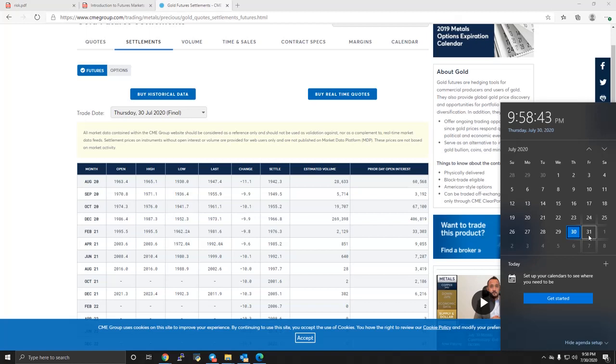So unless you have the capacity to take delivery of, or make delivery on, 100 troy ounces of gold per contract held outstanding, you as a trader would want to exit that open position in an August 2020 futures contract prior to the first notice date, to alleviate the risk of being called to make or take delivery of the underlying asset.